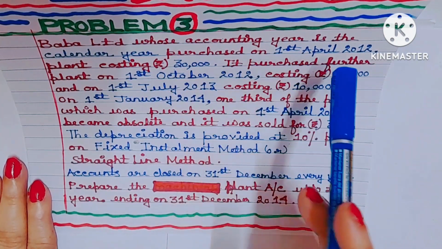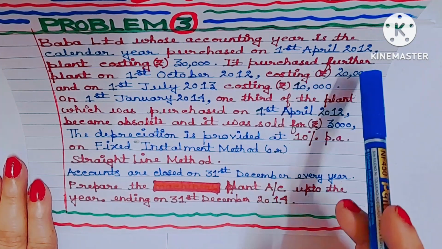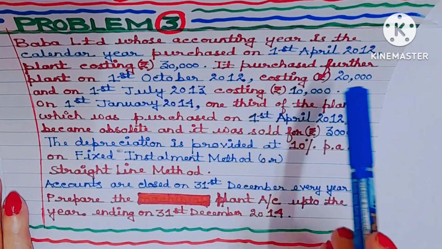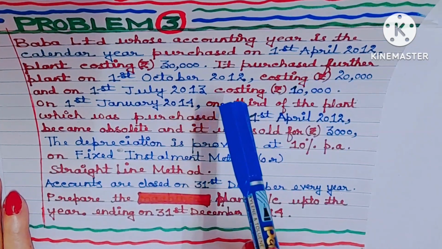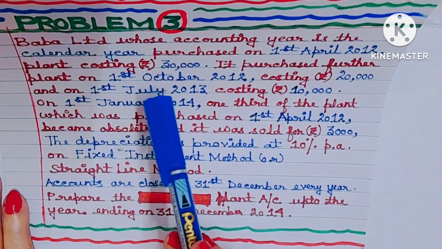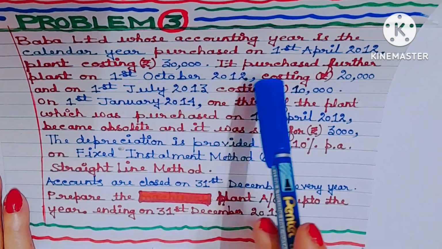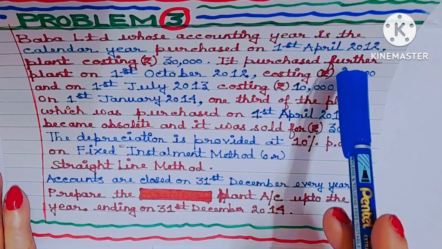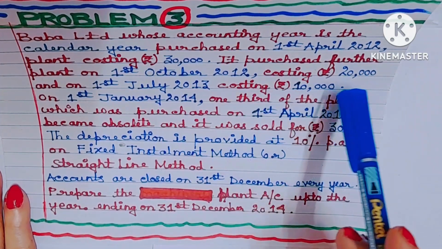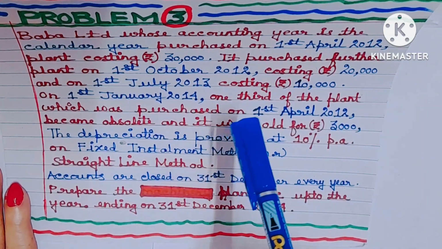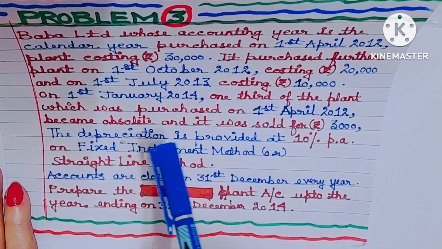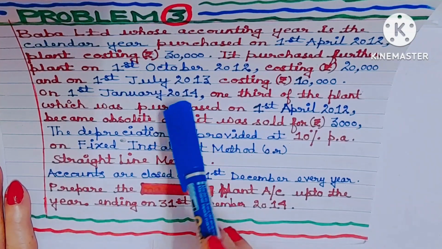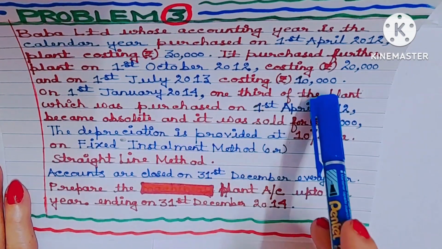Baba Limited, whose accounting year is the calendar year, purchased on 1st April 2012 a plant costing rupees 30,000. So in the year 2012, on 1st April, Baba Limited purchased the first plant for rupees 30,000. Baba Limited also purchased the second plant in the same year 2012, on 1st October, for rupees 20,000. And then Baba Limited also purchased the third plant on 1st July, but not in the year 2012, in the year 2013, costing rupees 10,000.